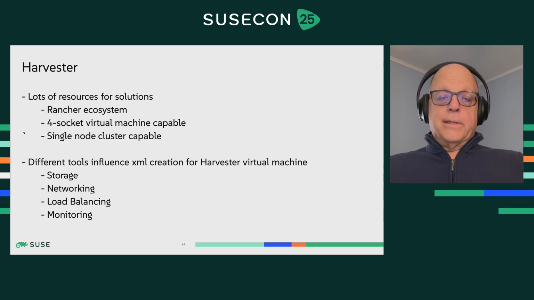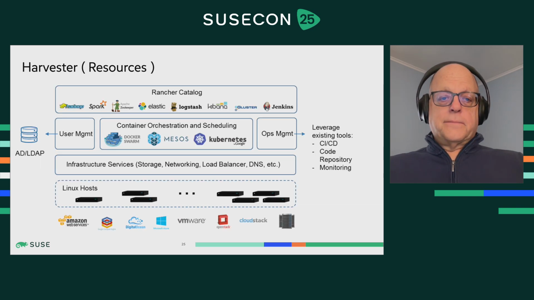We also have learned that the tools that we have, the storage, networking, and load balancing, will influence the XML that Harvester creates for the virtual machine. Here's a diagram of all the possible influences on the virtual machine, all the tools that would be available to solve Compute Scale-Up Server 3200 solutions using Harvester.